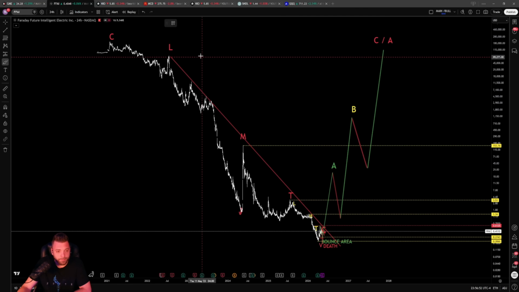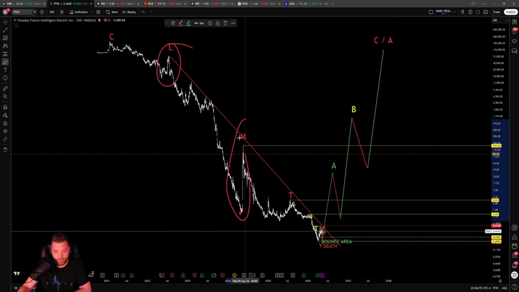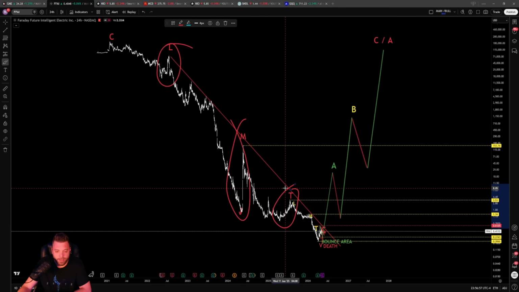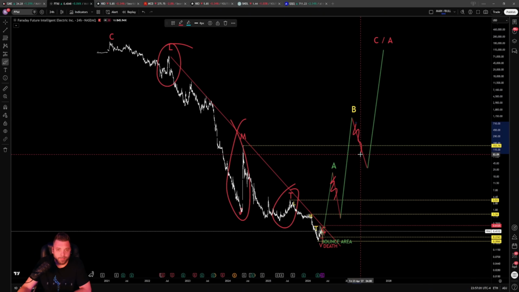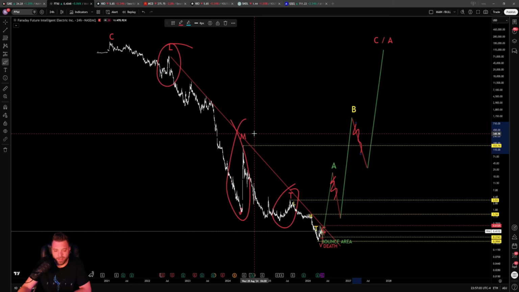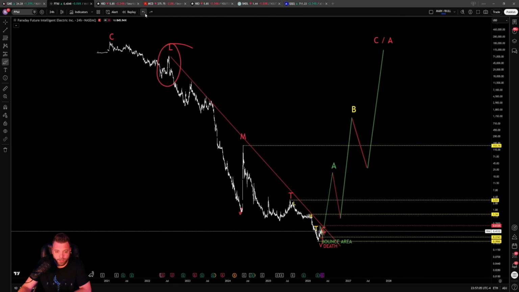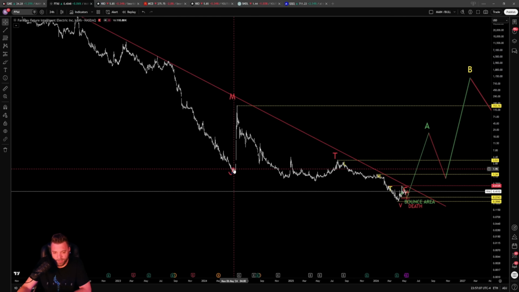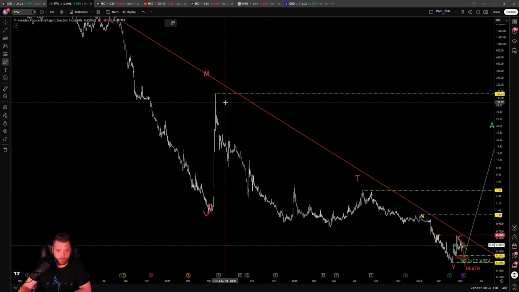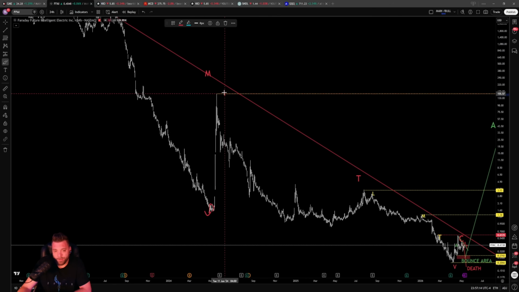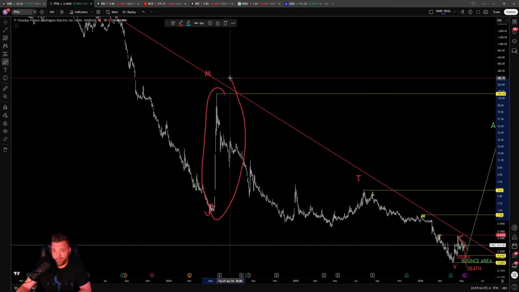Also, if you look at L, if you look at M, kinda T, I don't think you will get the A or B pullbacks. It always gets vertical. Especially if we compare it to the squeeze in May 2024, also a sign. Same as AMC and GME.